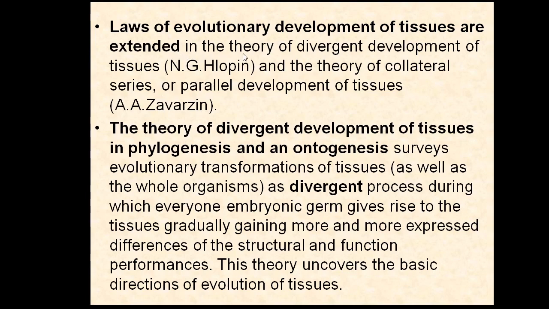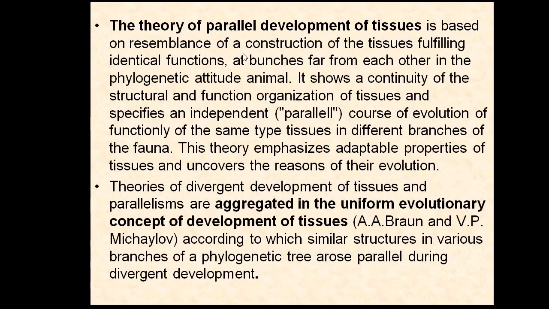Next law of tissue, the theory of parallel development of tissues. What does it mean, parallel? It means that tissues are present in all living beings on our earth. Plants have tissues, animals have tissues, and man has tissues. But, for example, again, epithelium tissue.